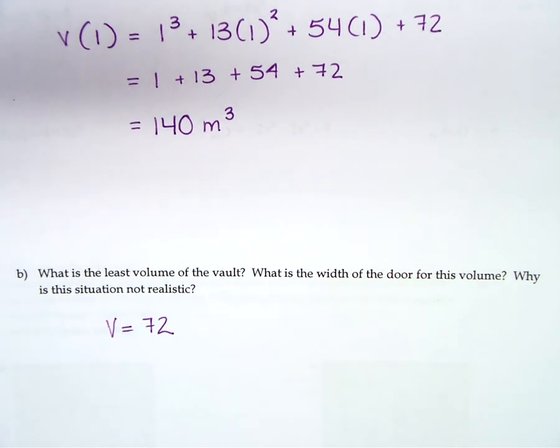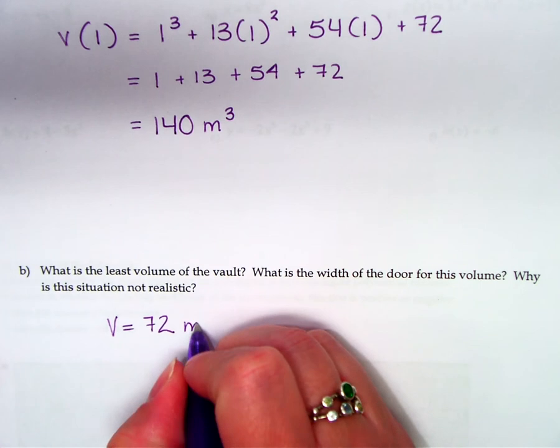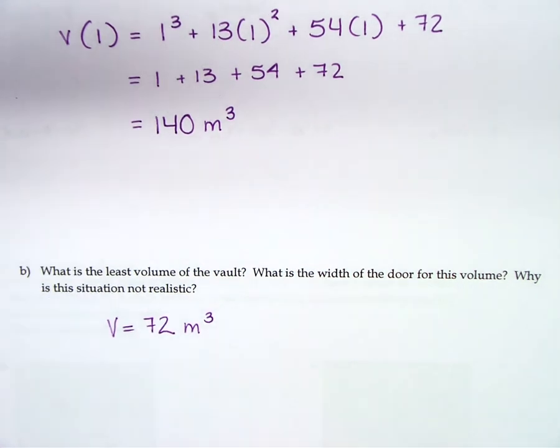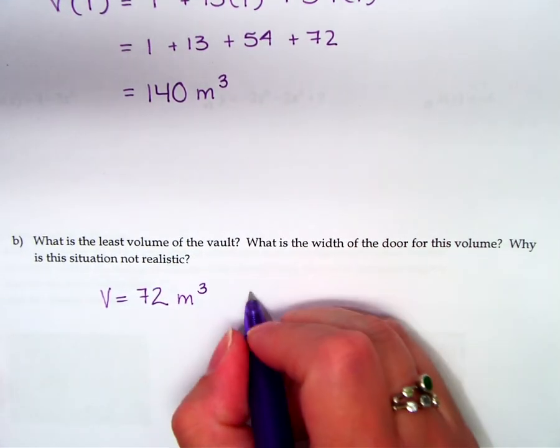Well, in this particular, theoretically, no. But in this situation, there is a minimum. And the lowest volume would be 72. Yeah, that could be the y-intercept. And what do we know about the width at this point? So if the minimum volume is 72 meters cubed, what would the width be?